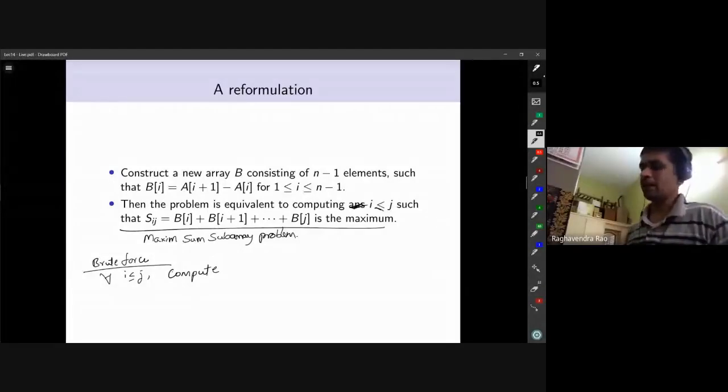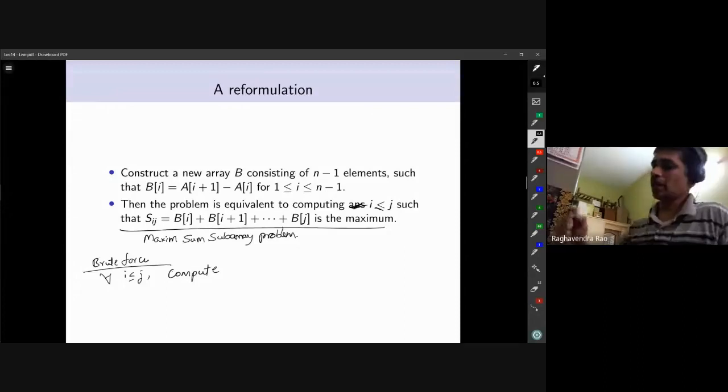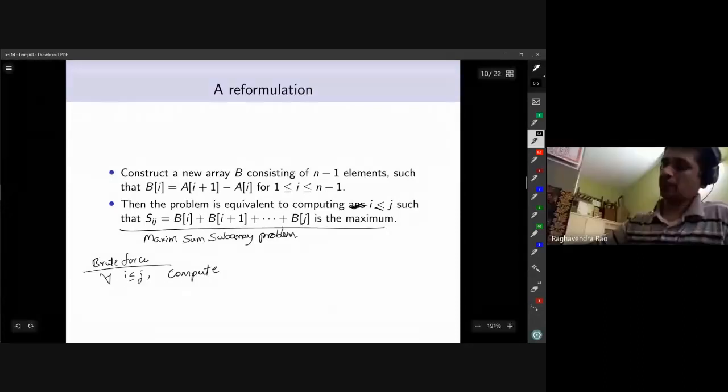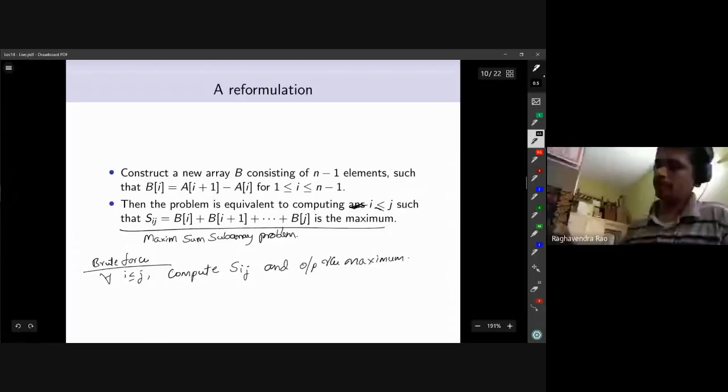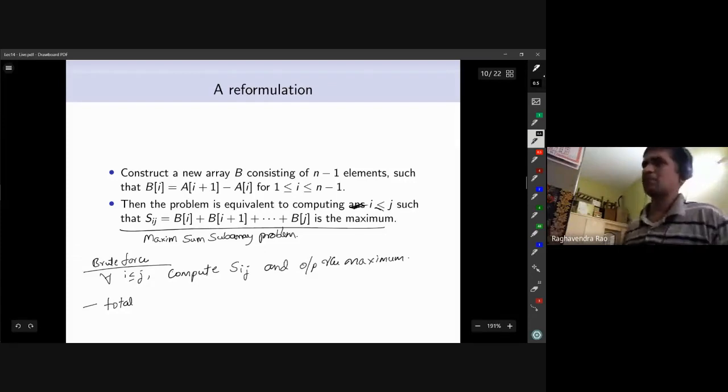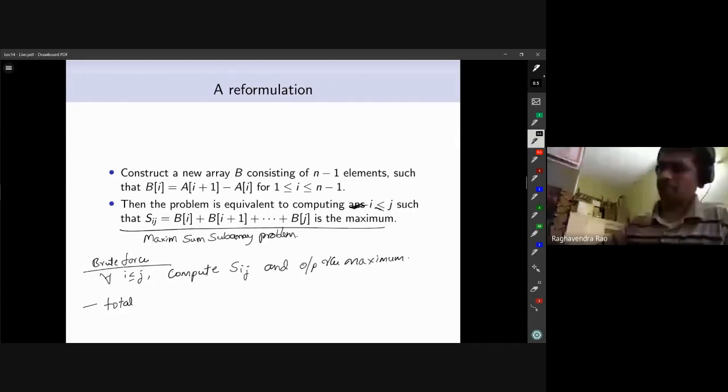For every i less than or equal to j, compute Sij and output the maximum. Okay. So total n minus 1 square pairs.